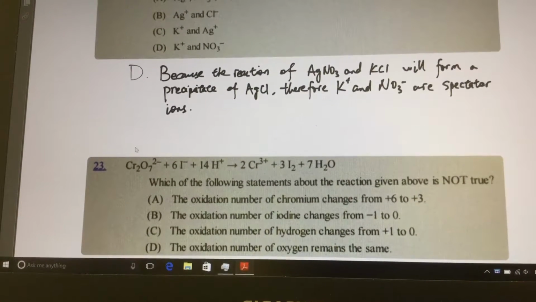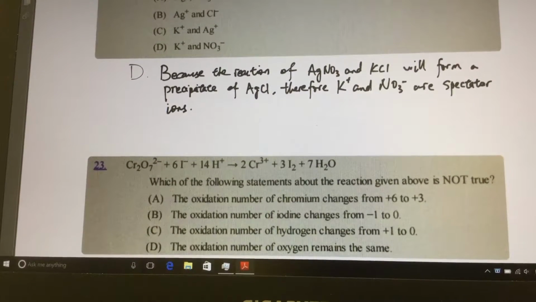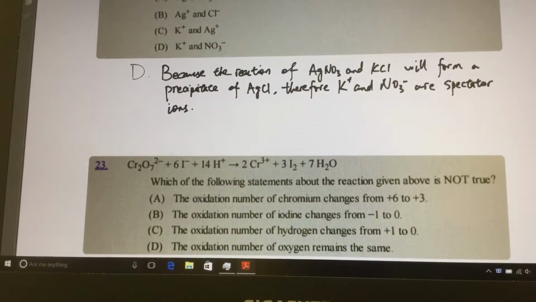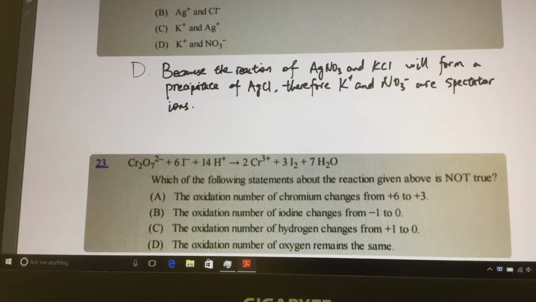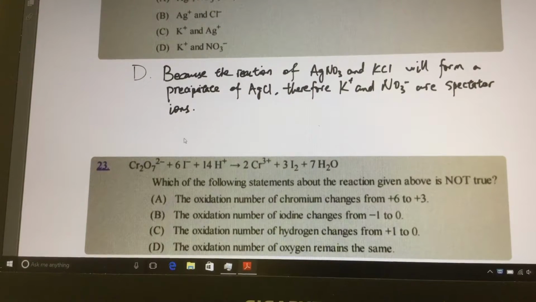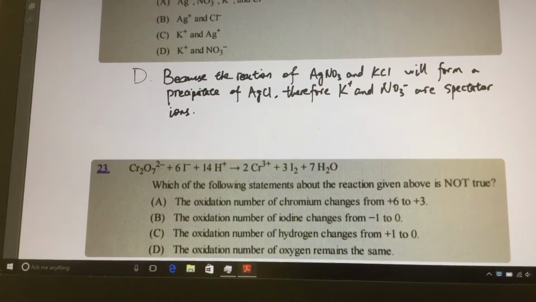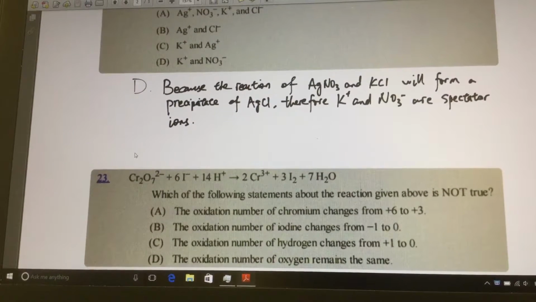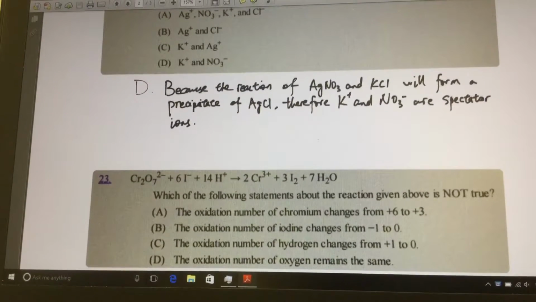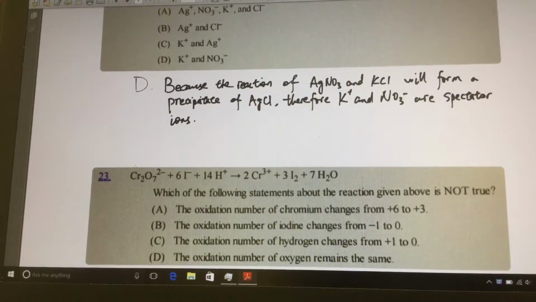Well, the oxidation number of chromium is +6 on the reactant side, because the oxidation number of oxygen is -2, and we have 7 of them, so 7 times -2 is -14, and we have a total oxidation number of 2-, so our 2 chromium must have a total oxidation number of 12.